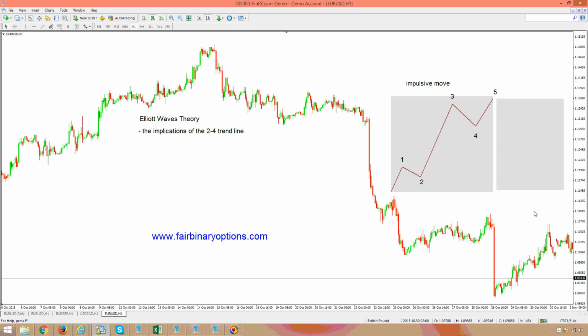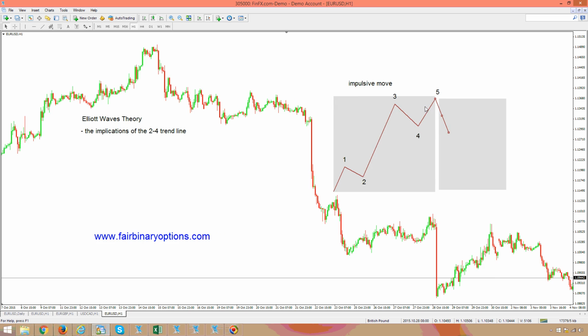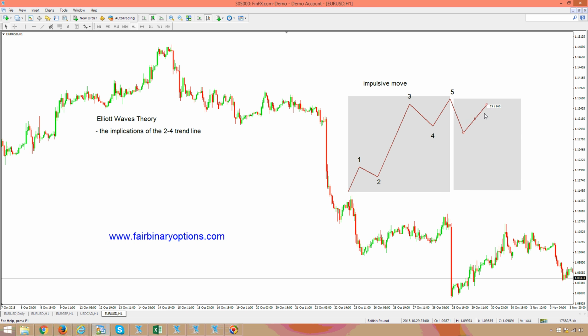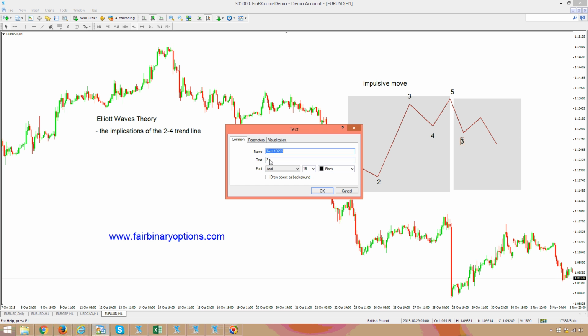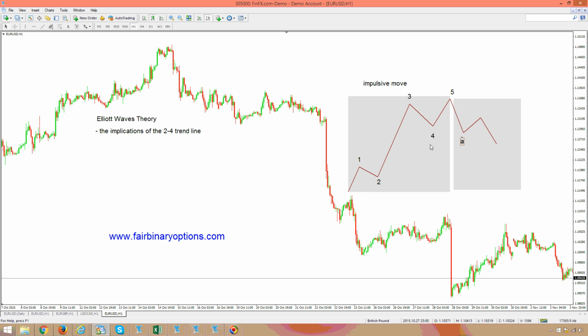And third of all, what to expect next, because if we have a 5-wave structure, then we are looking for a 3-wave correction. A, B, and C wave to the downside. But if we don't have a 5-wave structure, 1, 2, 3, 4, 5, or maybe it's not completed yet, then it doesn't make any sense to go and trade in the opposite direction.